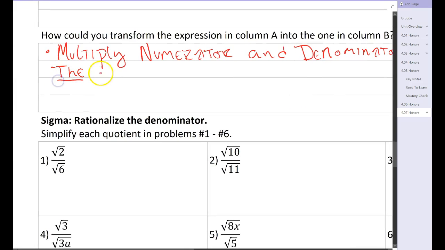And I'm saying the radical because it's always going to be the one in the denominator. Then simplify.